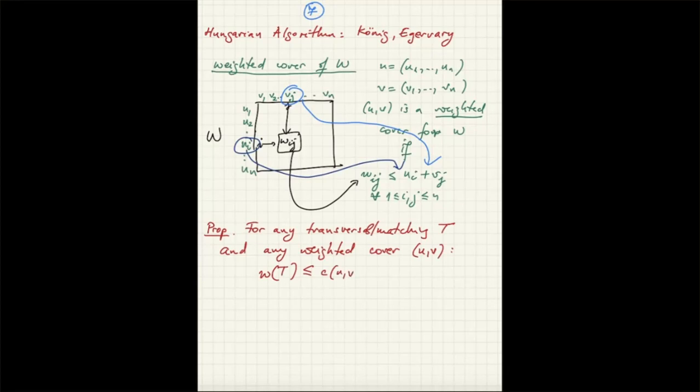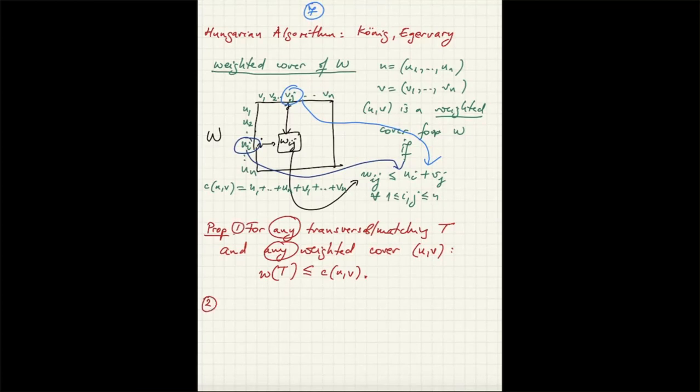Now the cost of the cover, C(u, v), I haven't defined it, but it is the sum of all the entries of the cover, u1 plus ... plus un plus v1 plus ... plus vn. Okay, so this happens for any transversal and any weighted cover. And this is the first part.